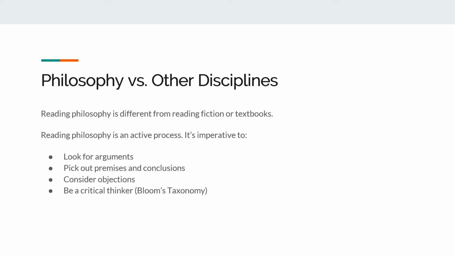There's a lot that goes into reading philosophy, and most of it revolves around just being a good critical thinker, which takes us back to the first week of this class and really understanding what critical thinking is and the different characteristics of a good critical thinker.